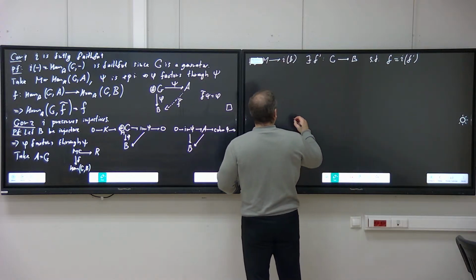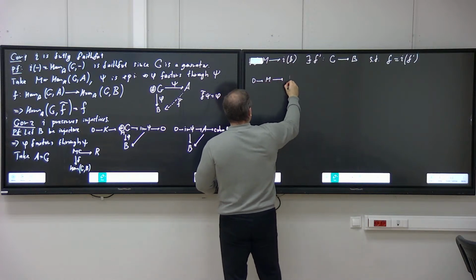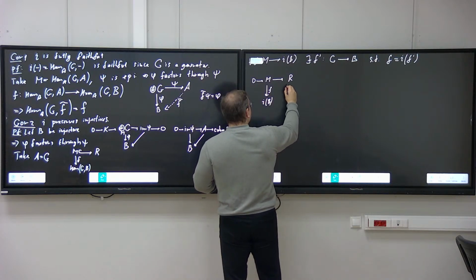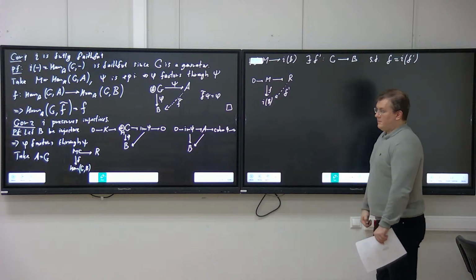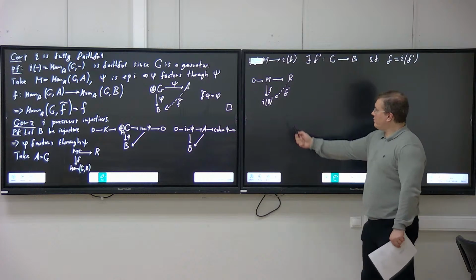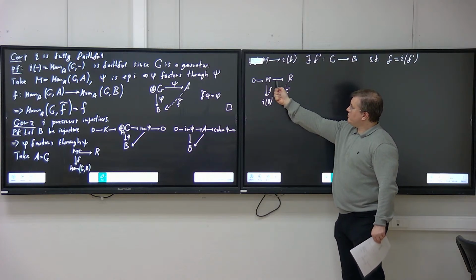So what it means, going back to this diagram, is that I have an ideal M embedded into the ring R. Then for any map f from M to I applied to B, I claim that there is this extension f prime. But that's all we need to show by the Baer criterion. So I showed that I can extend the map to the object from any ideal to the ring.